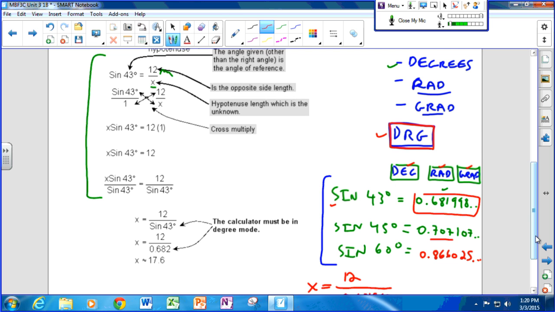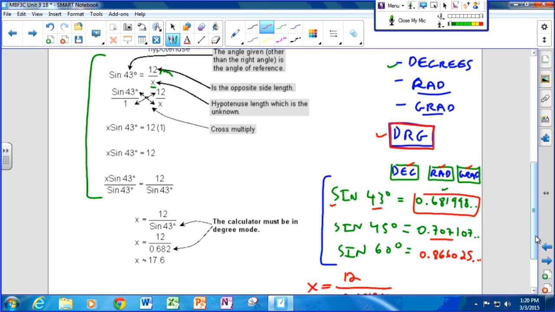It's hard to know. But if you type 43 and hit the sine button and you're not getting that number, try finding the DRG button and pressing it, then try again until you get it set to degrees.